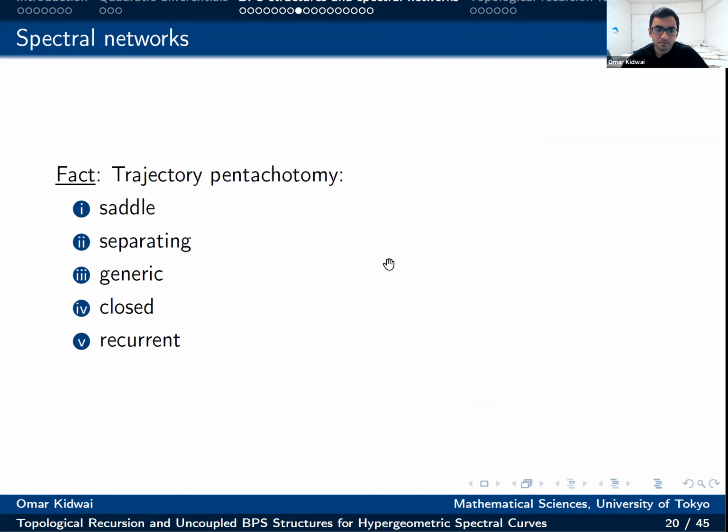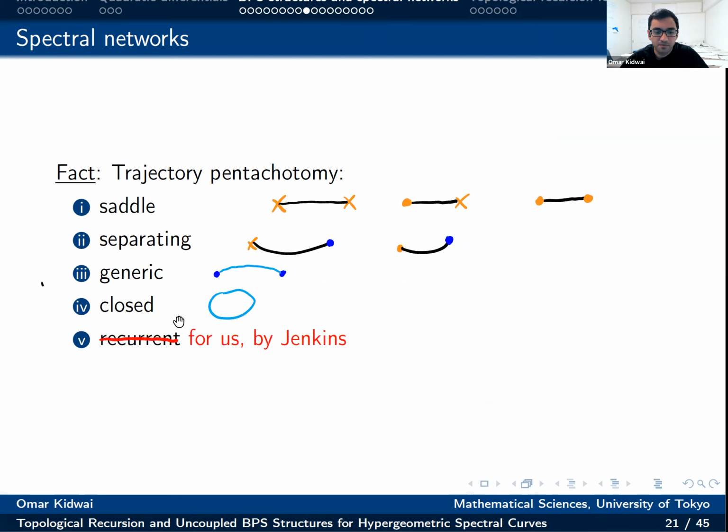It turns out we know from work of various people several decades ago that there are exactly 5 possibilities for the trajectories. Whatever the 5th one is, I won't define it because it doesn't occur. The crosses here are zeros, the orange dots are simple poles, and the blue dots are higher order poles.